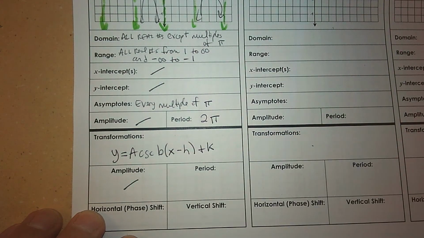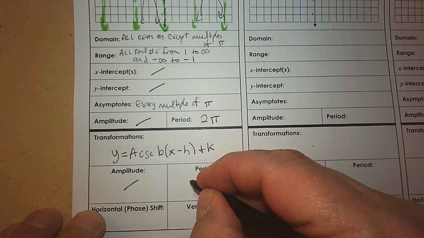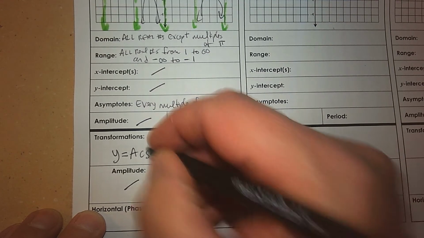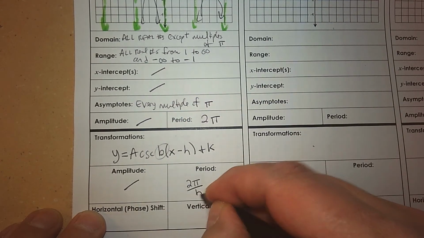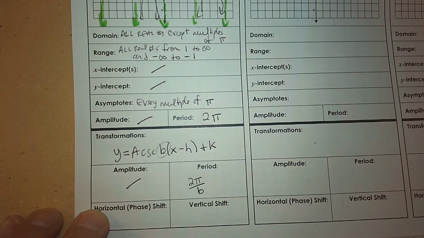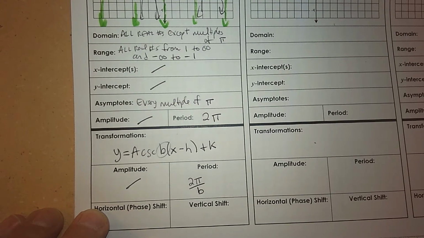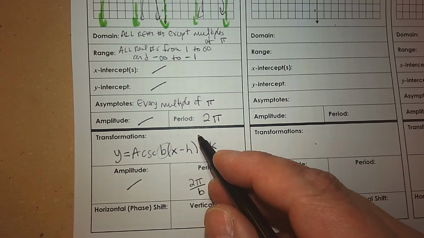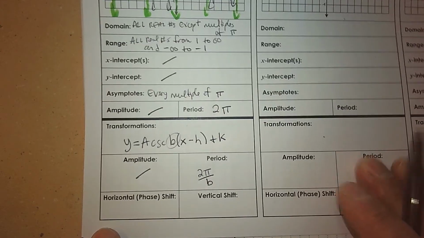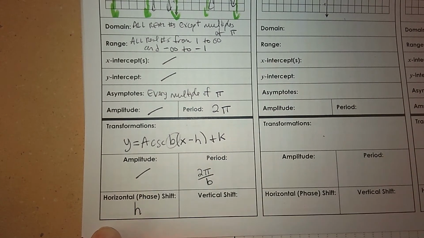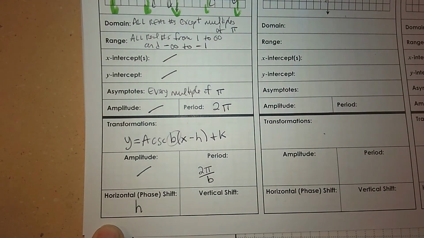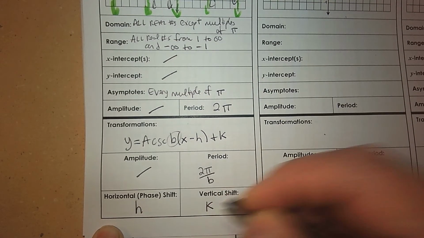If you have a transformation, you would start with 2 pi, and if a number is being multiplied inside, you would undo that number inside. So the period then would be 2 pi divided by whatever that number is. This guy just represented with B. How do you know if there's a phase shift or not? So if you have adding or subtracting, and it's the opposite sign, it goes in the opposite direction. And then the vertical shift is just what K is.